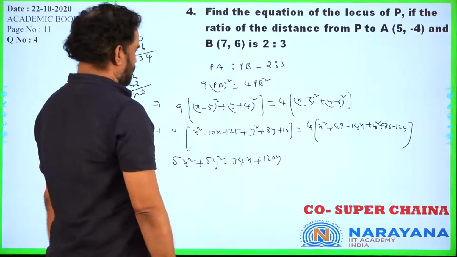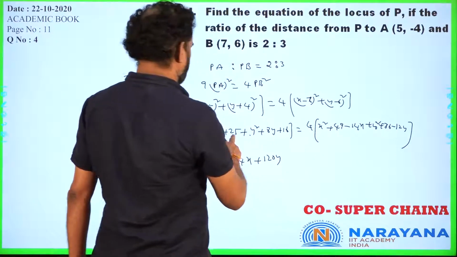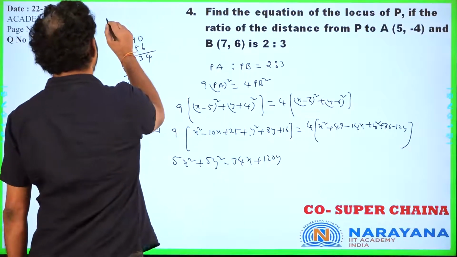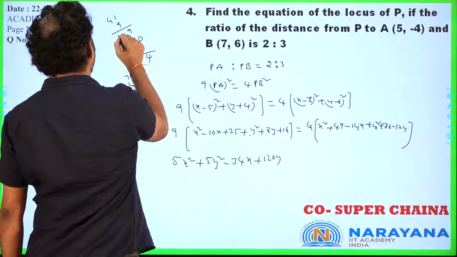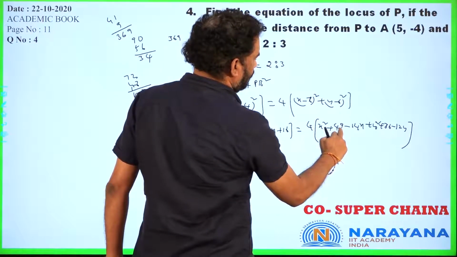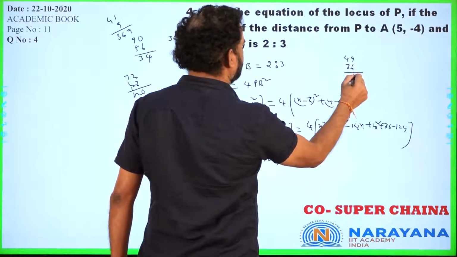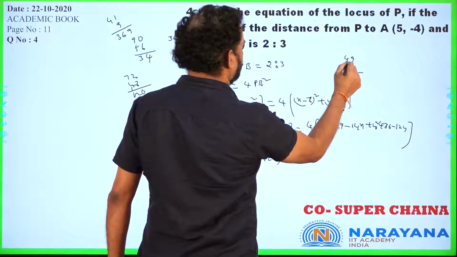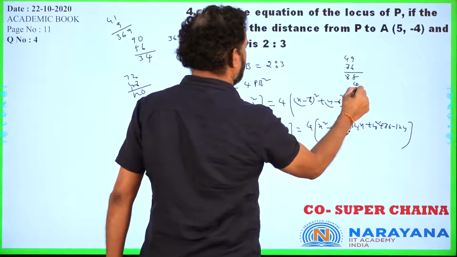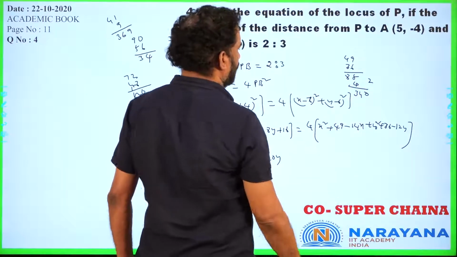So what is the constant? 9 into 25 plus 16, see, 41 nines, 9 1 369. This one, 49 plus 36 is 85, 85 4 0 is 340.